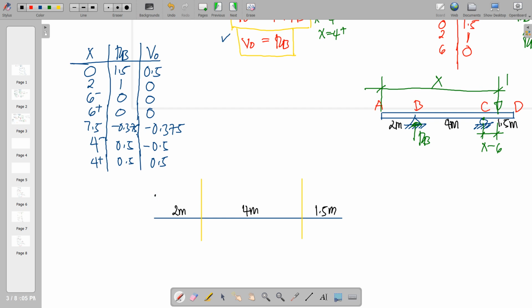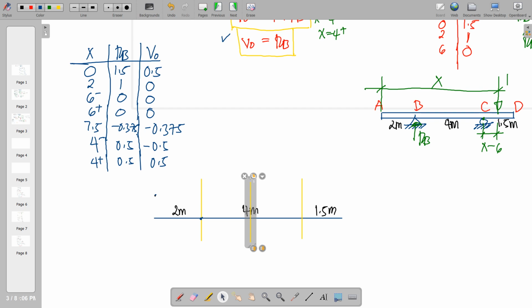Say this is point A. When x is equal to 2, your shear is 0, so we have a 0 value here. When x is equal to 4, or just left of 4, we have a value of negative 0.5. By the way, this is the point. It will actually bisect your 4 here.